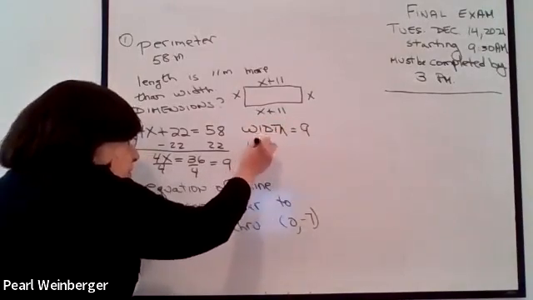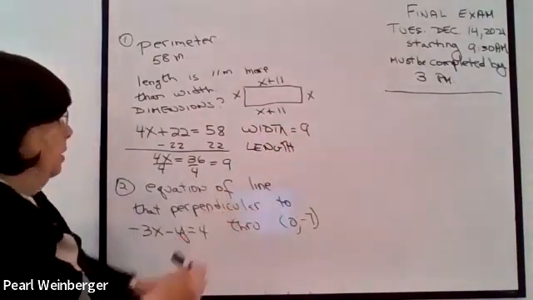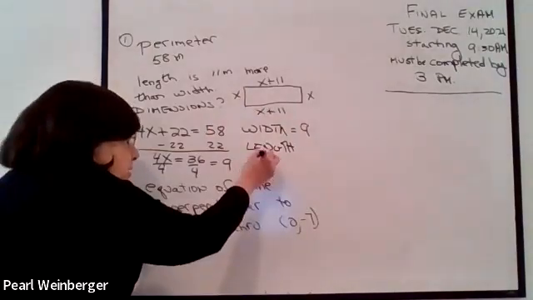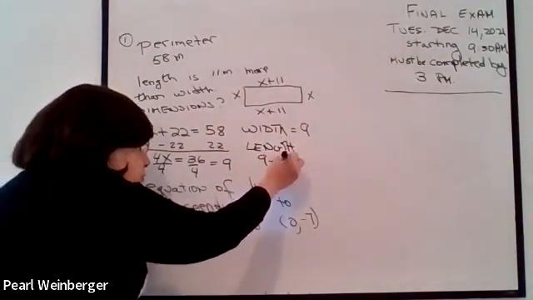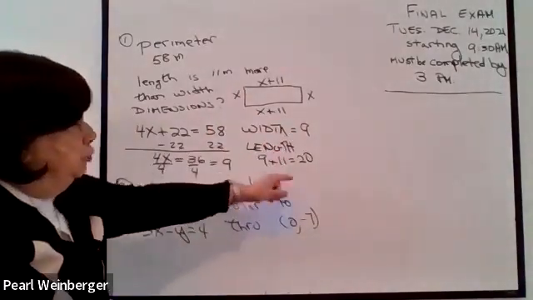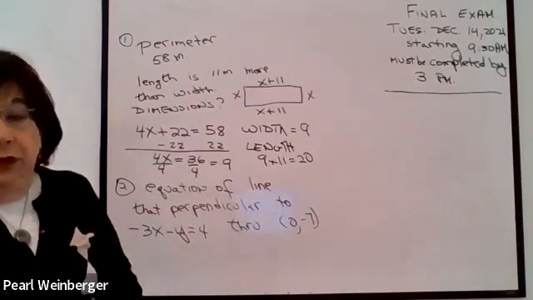And the length, which is x plus 11, is 9 plus 11 is 20. So my dimensions are 9 by 20, or you can say the width is 9 and the length is 20.